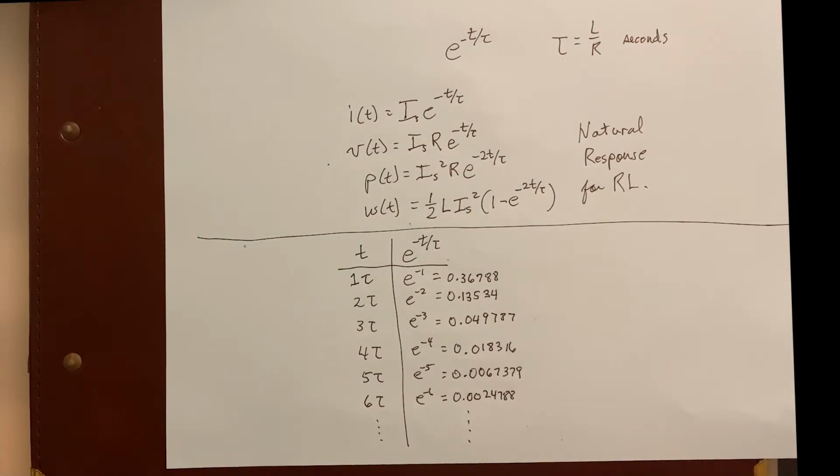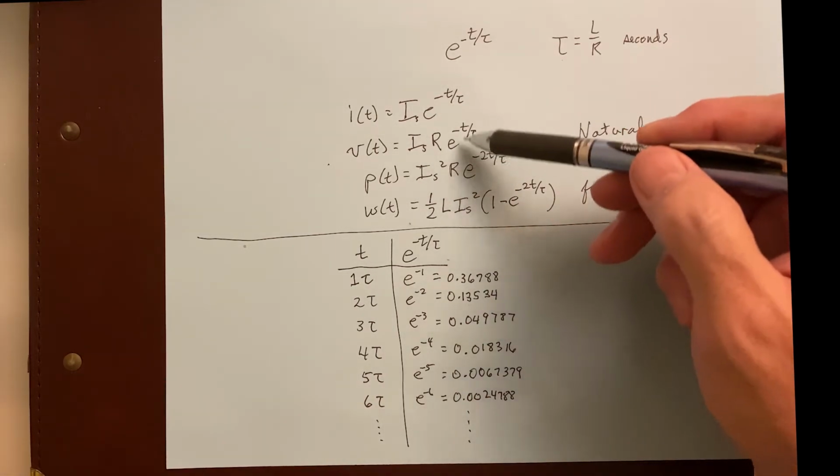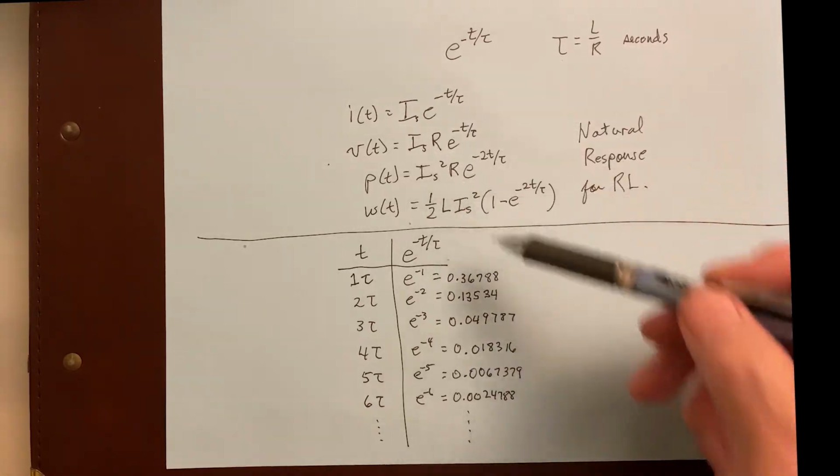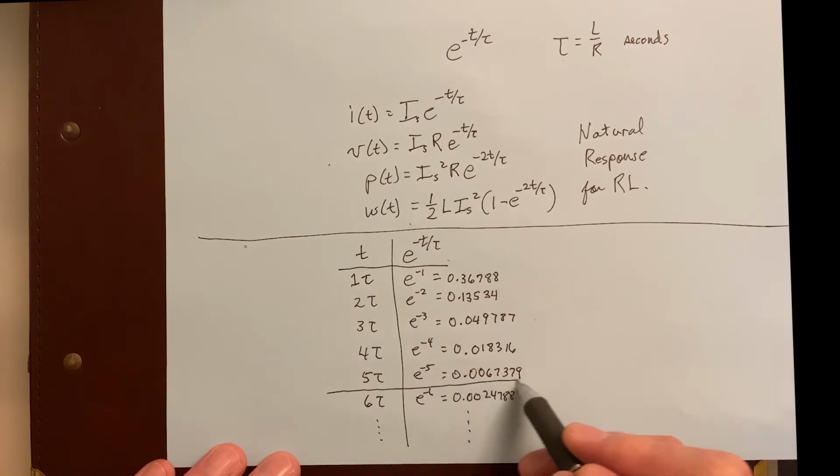So the question becomes for an engineer, when is this thing finished? When is this circuit done, whatever it's going to do? If it's a decaying exponential that obeys these rules here, these equations here, then when is it done? And the traditional answer is after 5 tau.